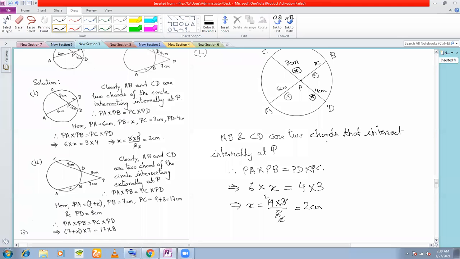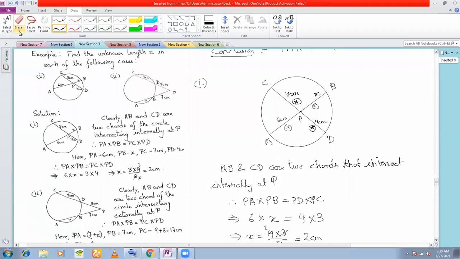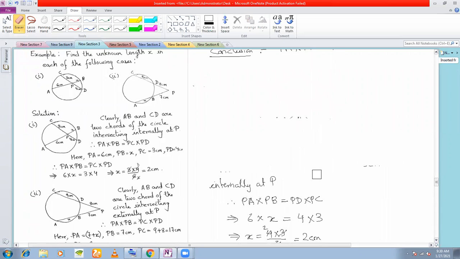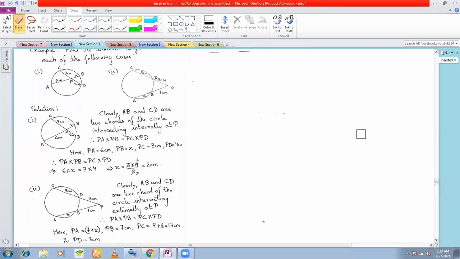Now you have a second problem where the chords are intersecting each other externally. Let us do that case also, where the chords are touching each other externally. Part 2.